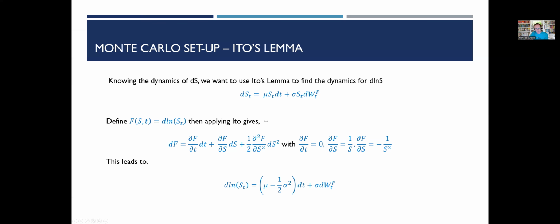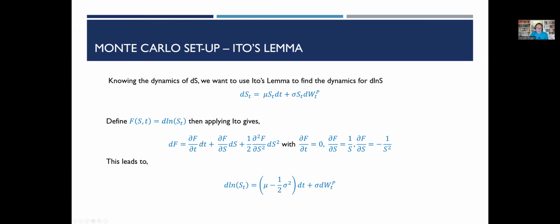We apply Ito's lemma to that function f, so we have the change in f with respect to t, the change in f with respect to S. Then we have the quadratic term d2f by dS squared, and that's the adjustment that stochastic calculus is making. There's no second order time term here, because dt squared under Ito calculus is 0.